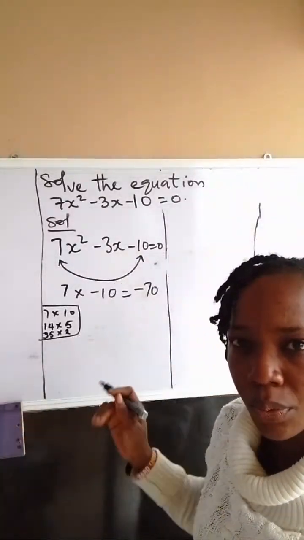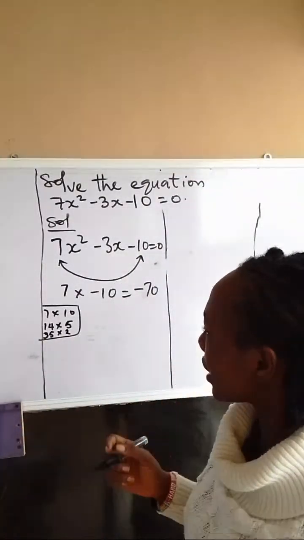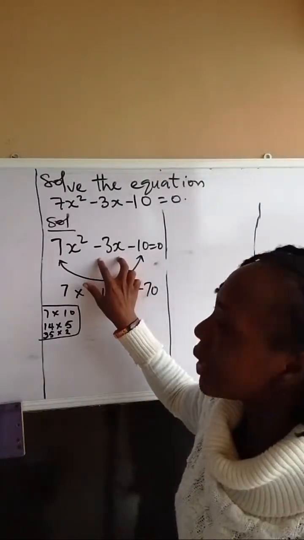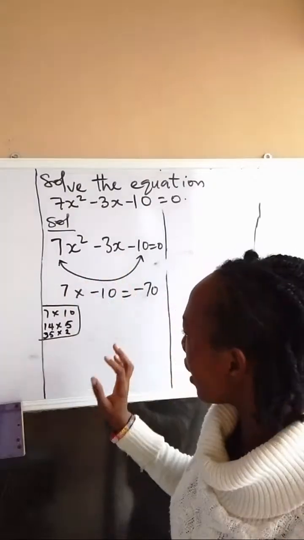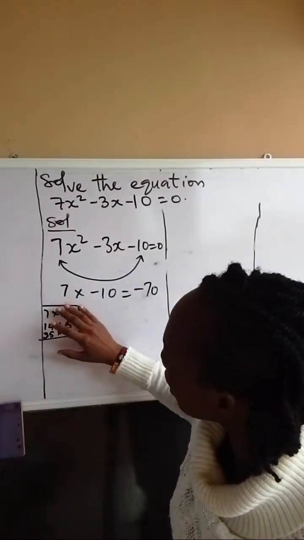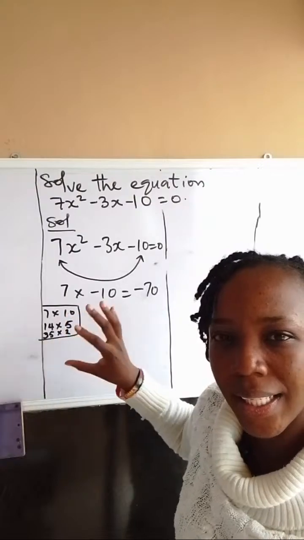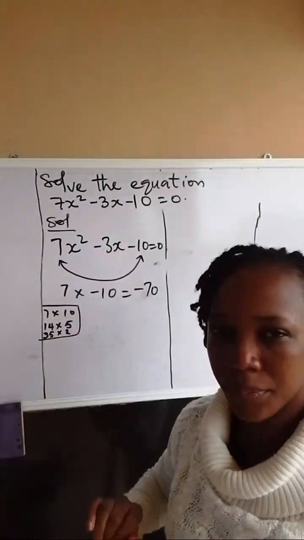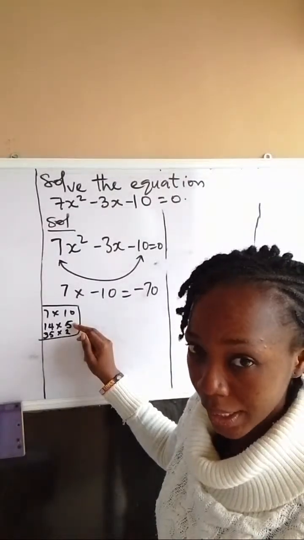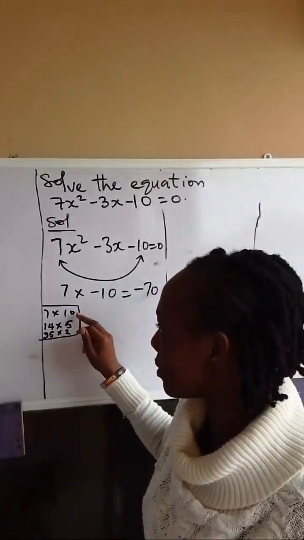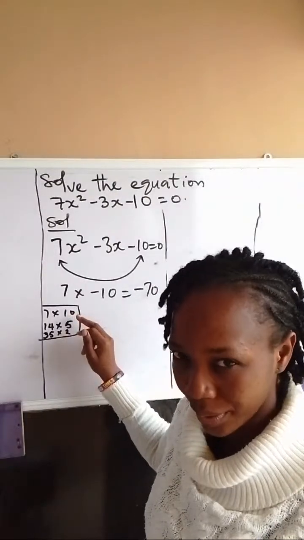So these are the multiples of 70. Now, the middle number is minus 3. Which of these multiples can give us a minus 3? It can't be the others, so definitely it has to be the first one.